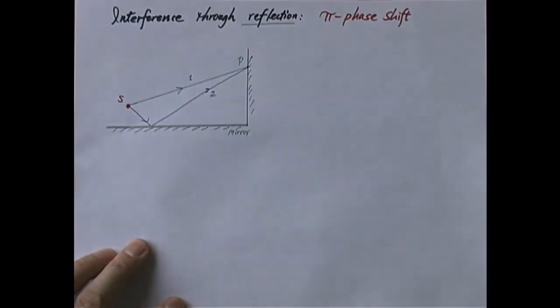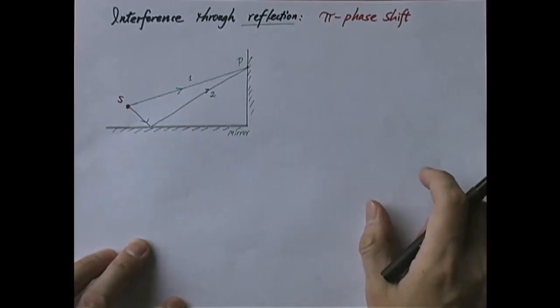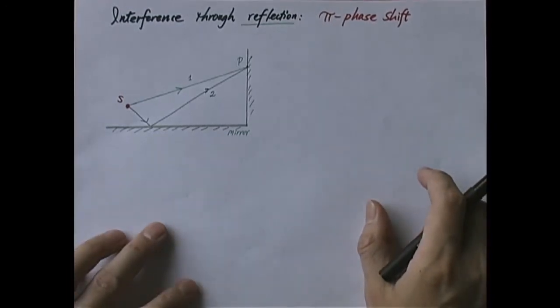Now, we have to consider something special when it comes to reflection before we can move on with this problem. It turns out that when light reflects off of a boundary between two media, sometimes the reflected light will abruptly change phase compared with the incident light, and the amount of phase change is 180 degrees, which is equivalent to pi.